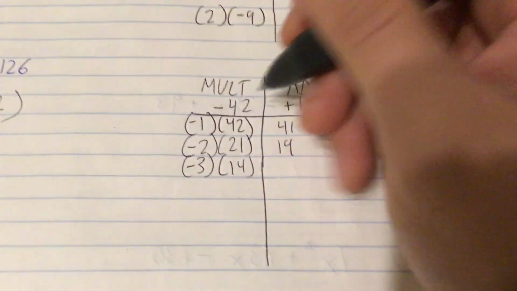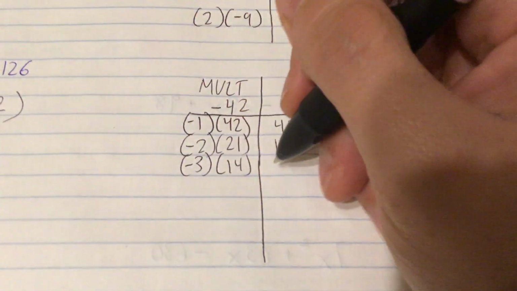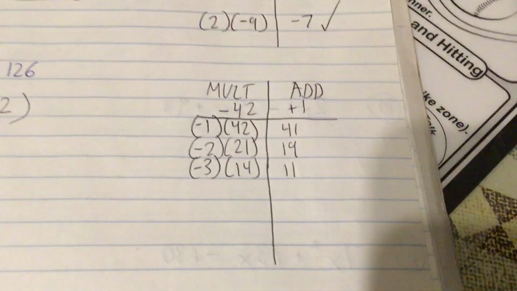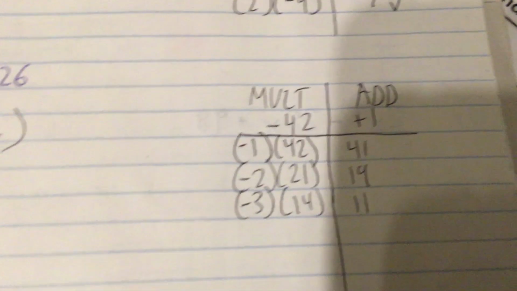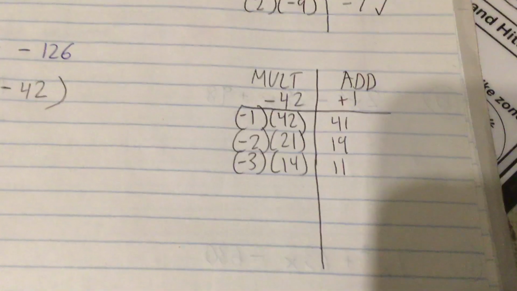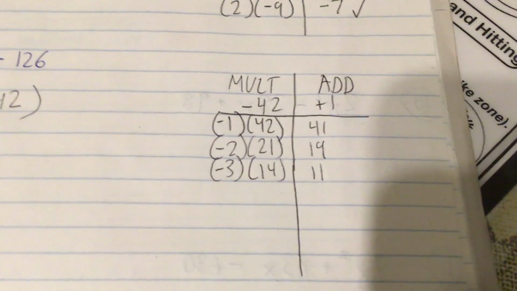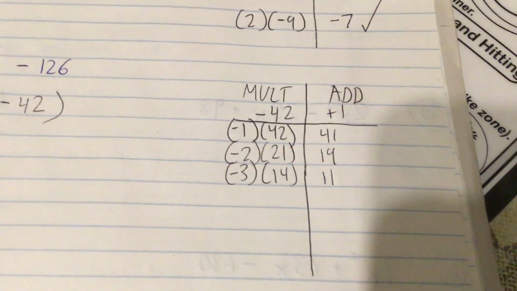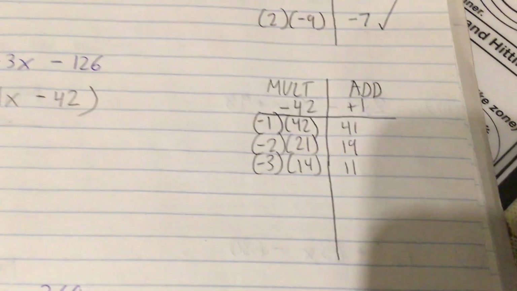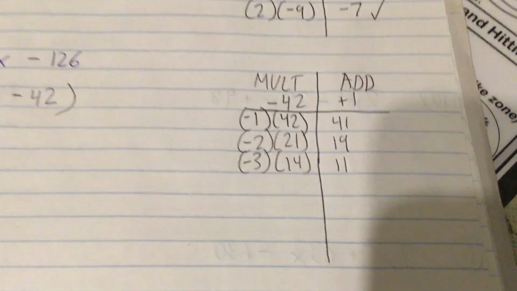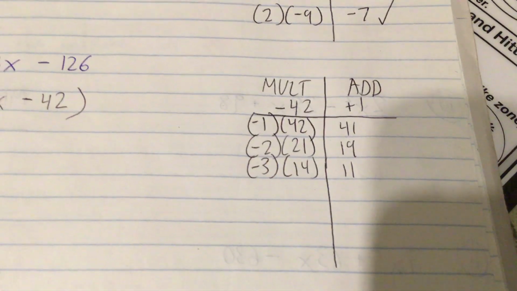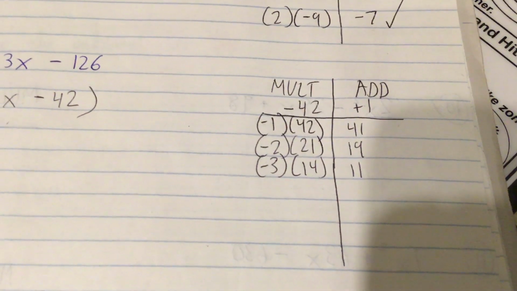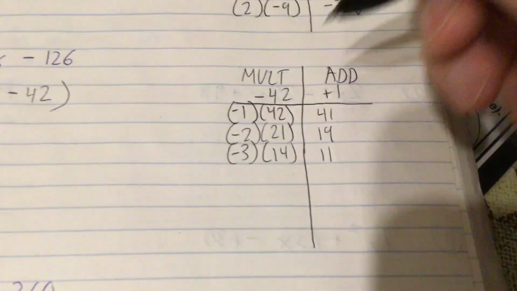Negative 3 times 14 is negative 42, but negative 3 plus 14 is positive 11. Okay. Can I divide 42 by 4? No, it's going to be a decimal, negative 10.5. Can I divide negative 42 by 5? Yeah, you'll get a decimal, negative 8.4, I believe.